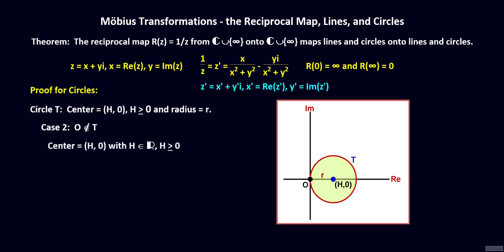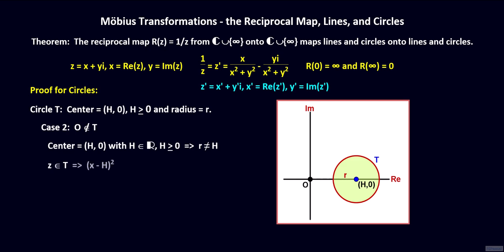Now suppose this time that the origin is not on circle T, so that its radius little r is not equal to big H. If z is on circle T, then x minus h quantity squared plus y squared equals r squared. x is x prime divided by x prime squared plus y prime squared, and y is minus y prime divided by x prime squared plus y prime squared.